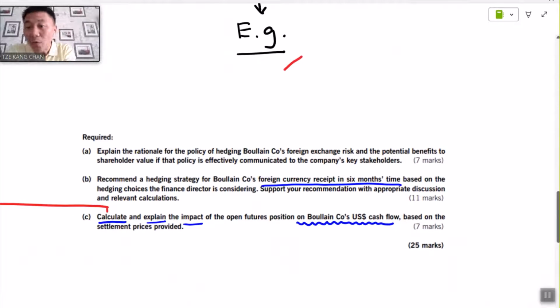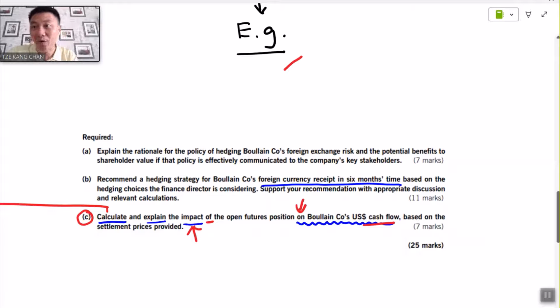We are mainly focusing on part C of the requirements, which asks to calculate and explain the impact of open futures positions on the cash flow positions of B company denominated in US dollar.